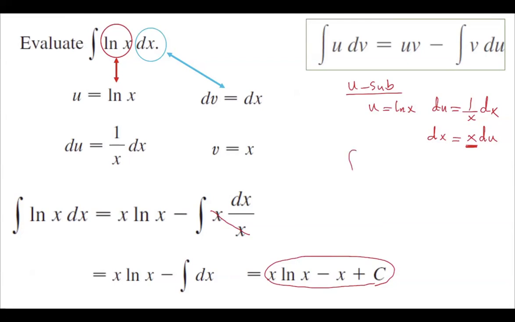But when you're looking at this integral ln of x dx, there is no x involved. So u sub doesn't work. You cannot just create x inside the integral by doing the substitution this way. So it's not working. We have to use a different method, which in this case is integration by parts.